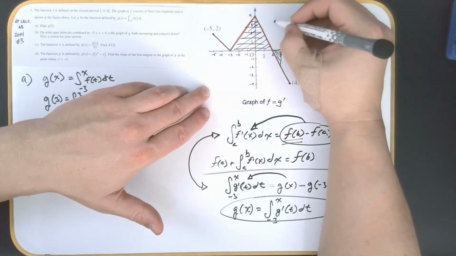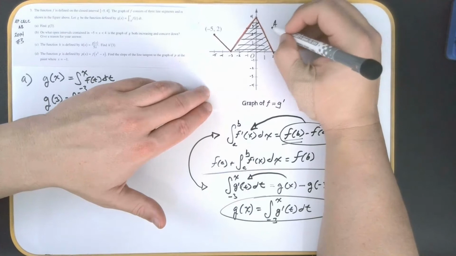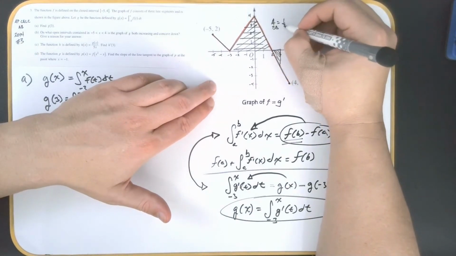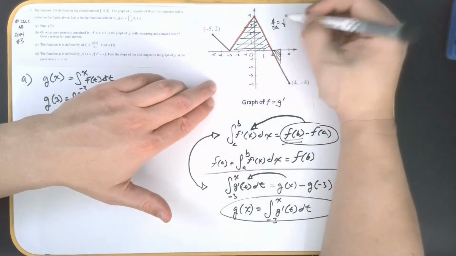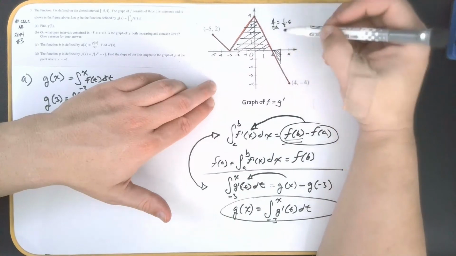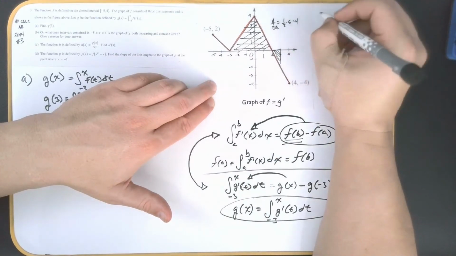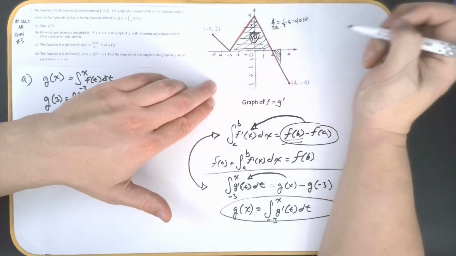The area of the triangle is equal to 1/2. The base of this one, we're going from -3 to +2, so that's going to be 5. 1/2 times 5, and then the height is 4. So half of 20 is equal to 10. So it looks like this 10 is the area of that triangle.